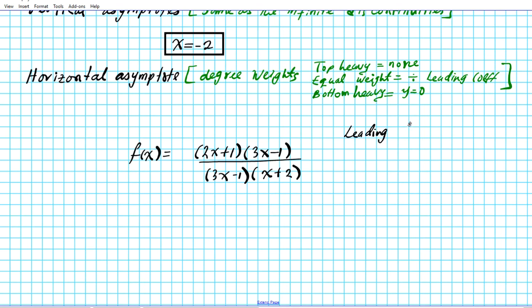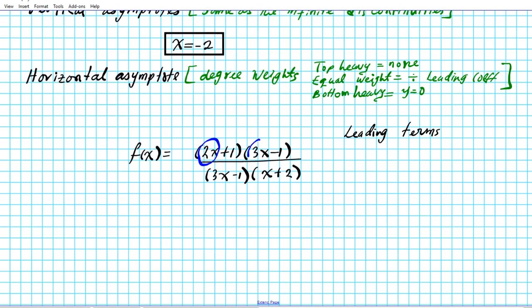Now the question is, do I have to expand the entire thing to find out what the leading terms are? The answer is no. All you do is take the terms with the highest degree in each factor and multiply them with each other. So in 2x plus 1, this is the term with a higher degree.